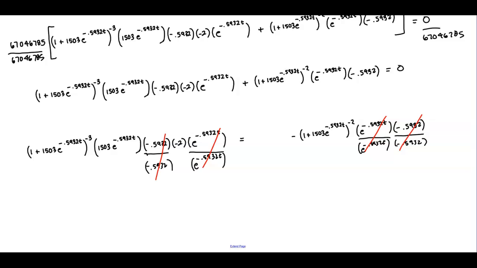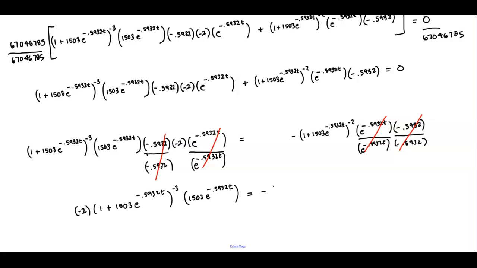So on the left side, we have (1 plus 1503 e to the negative 0.5932t) to the negative 3 times 1503 e to the negative 0.5932 times negative 2 here.